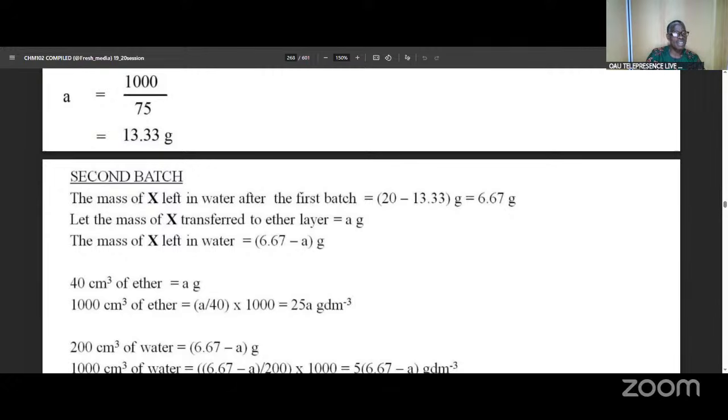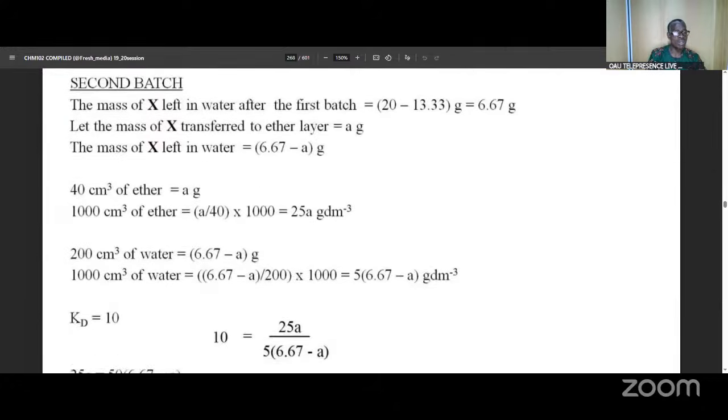Now, the second 40 centimeter cube of ether contains 8 grams, and we do the calculation again. 1000 cm cube of ether will give us A over 40 times 1000, which is equal to 25A gram per dm cube. That is for ether.